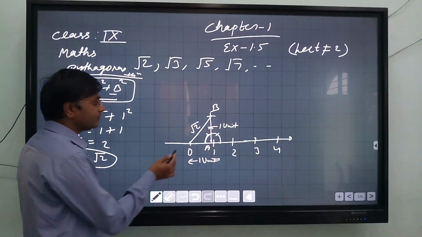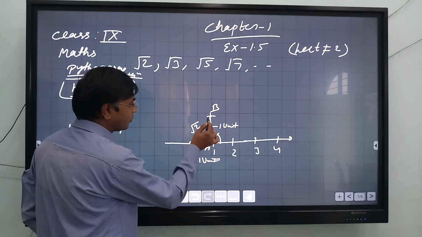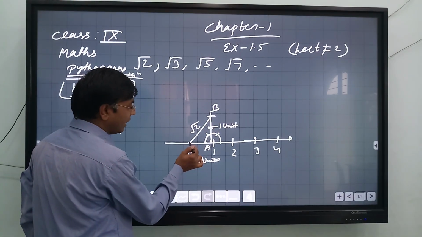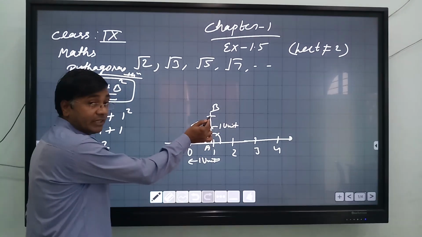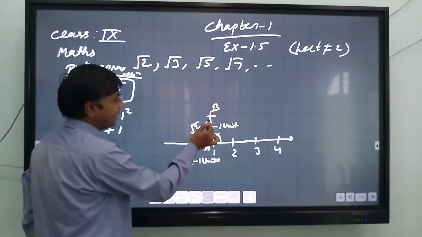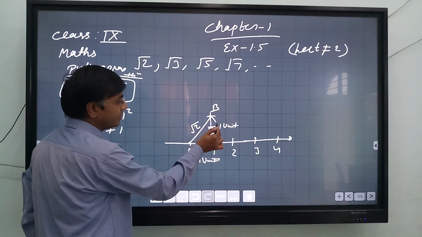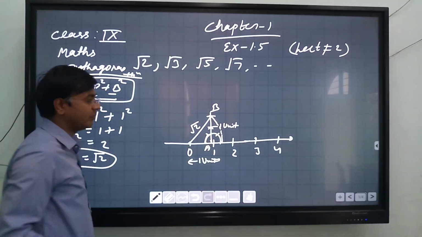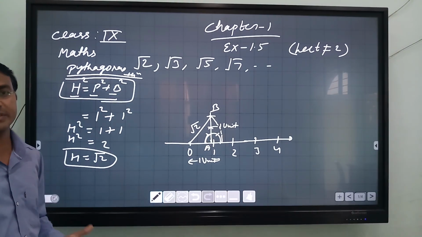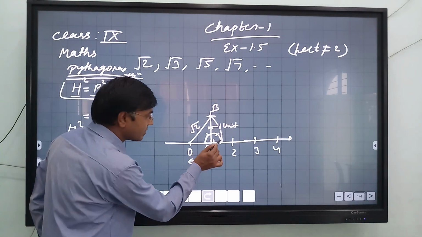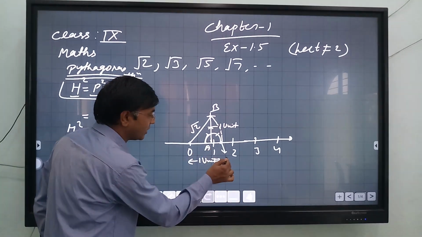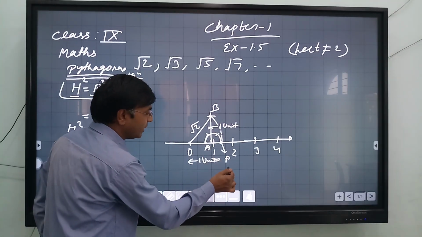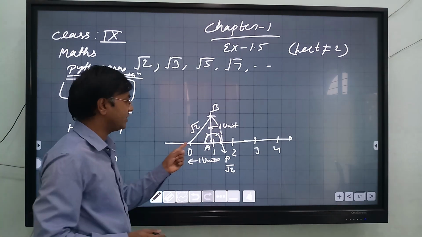After that, this length OB, we can draw one arc taking O as center and OB as radius. It must lie between 1 and 2, because the value of root 2 is 1.4 something. Let this point be P. So this point P is the value of under root 2 on the number line.